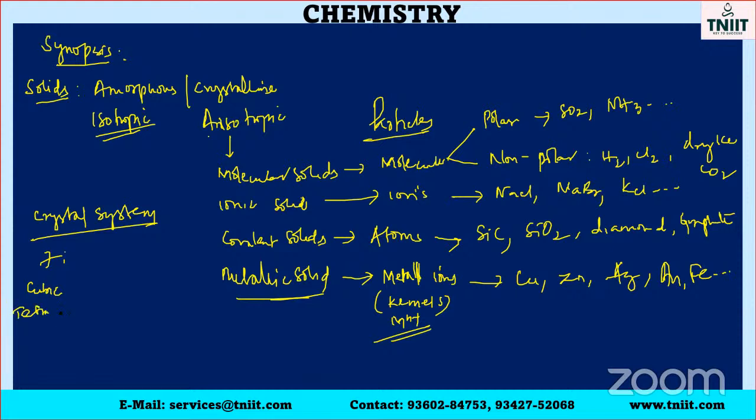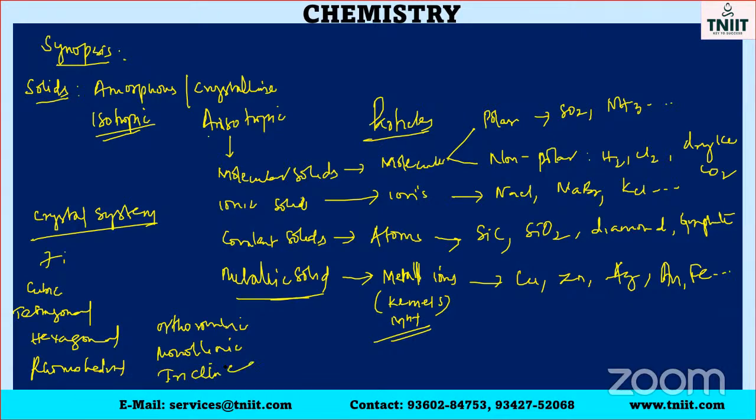The second one is tetragonal crystal system, hexagonal crystal system, rhombohedral crystal system, orthorhombic crystal system, monoclinic crystal system, and we have triclinic crystal system. There are 7 types of crystal systems, and you should remember them, and we have 14 types of Bravais lattice.